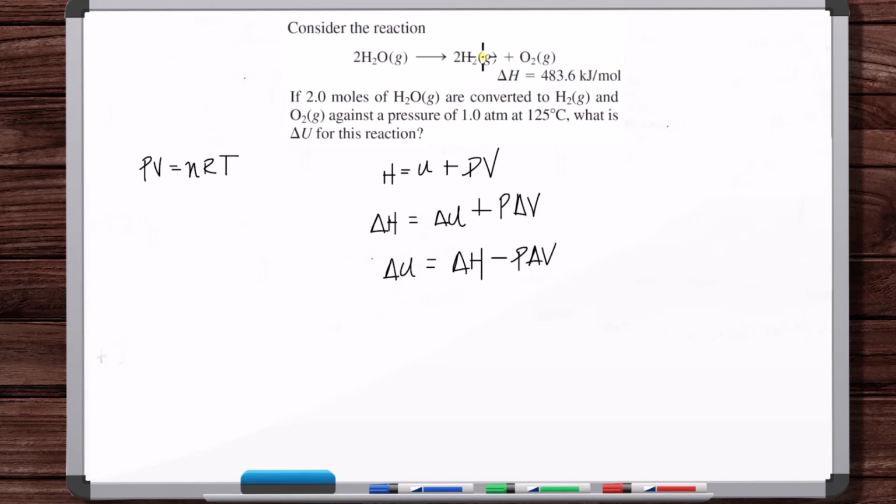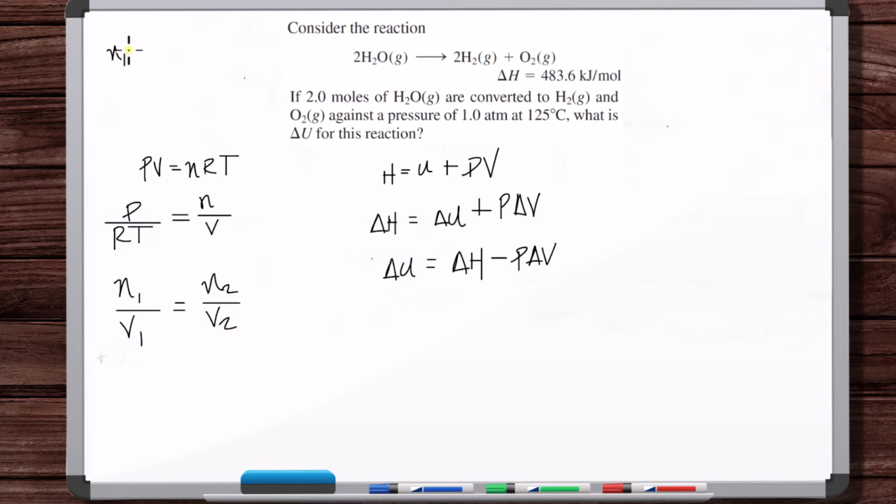The temperature isn't necessarily constant during the reaction, but for the two states we're comparing, the temperature is constant. So P is constant, T is constant, R is constant, and n and V are not constant. Let's put all of the constants on one side. P over RT is equal to n over V. This is a constant, which means that n1 over V1 is equal to n2 over V2.